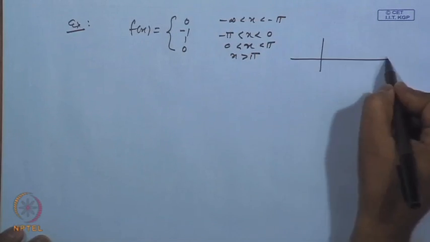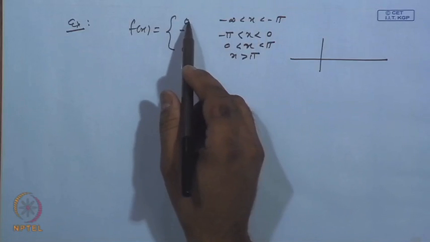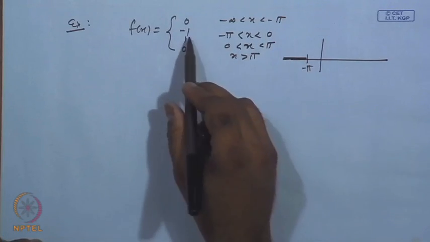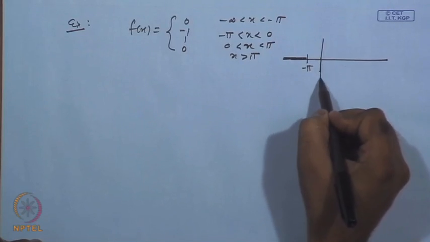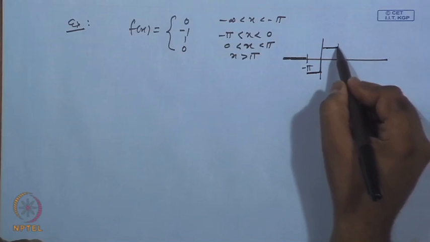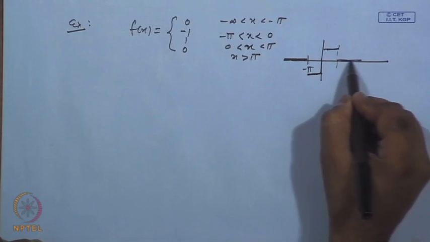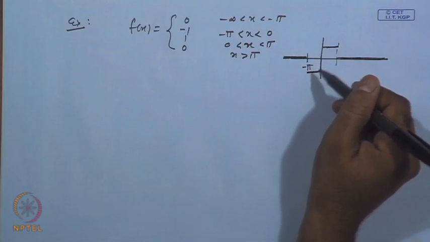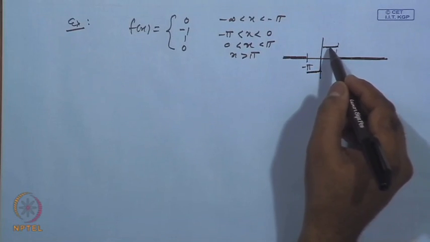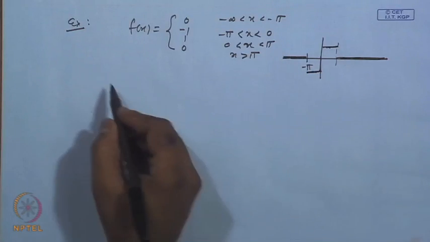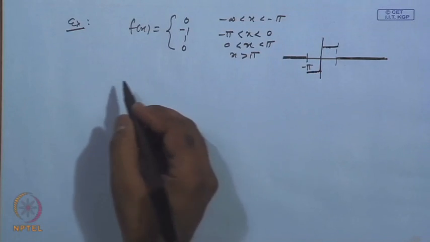Okay, so for this function, we have 0 for x less than minus pi, then the function value is minus 1, then we have plus 1 and then again 0. So, this function is an odd function because this value is minus of this value, and then a(alpha) will be 0.